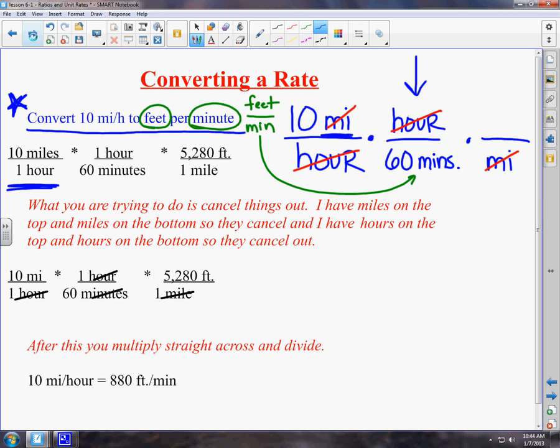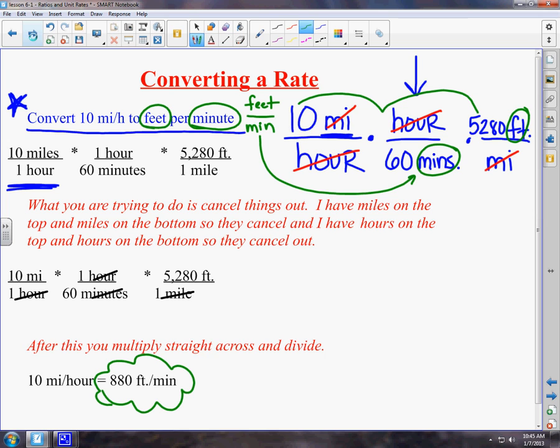Now I have to figure out feet on top, and I know that 5,280 feet are in 1 mile. So now I'm left with feet per minute. I have to do my 10 times 1 times 5,280 divided by 60 to get my answer, which you can see here is 888 feet per minute.